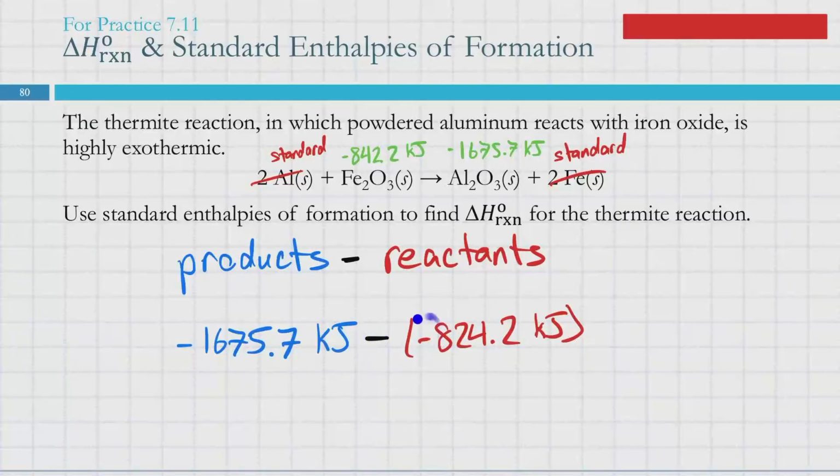So the negative with the negative means we're adding instead of subtracting. So negative 1,675.7 plus 824.2. Our standard delta H for the reaction is negative 851.5 kilojoules per mole.